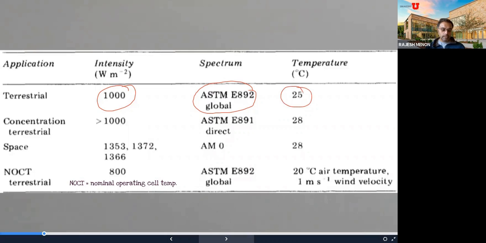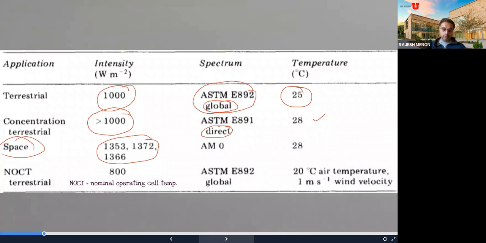Now, if you do concentration, then of course the intensity goes up. The other things are the same. Actually, sorry, this is the direct spectrum, so it's not the same. And it is direct because we know that global includes diffuse light as well, and diffuse light cannot be concentrated. So that's why it's direct. We saw this before. And of course, in space, the intensity is different because the absorption in the atmosphere does not happen.